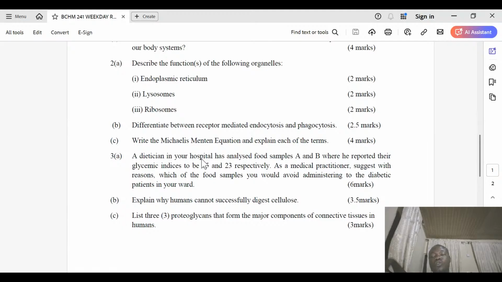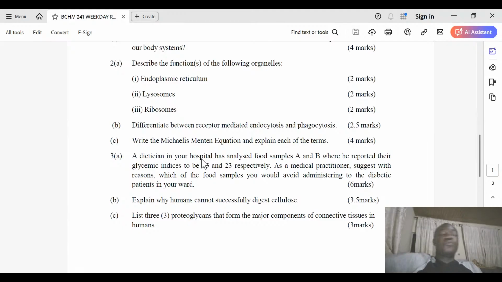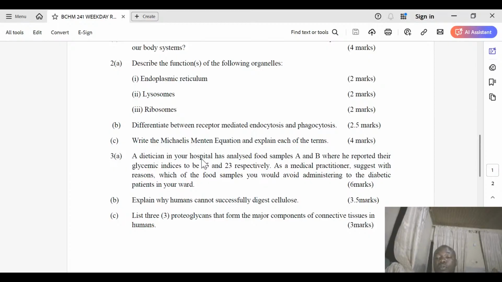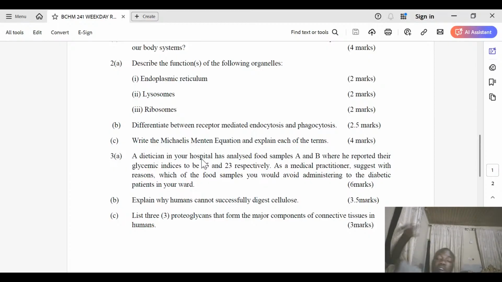What is the meaning of each of the terms? V stands for what? So you don't know the meaning, so let me say it. The small letter V here, the first V, stands for velocity. Or you can say rate of velocity.